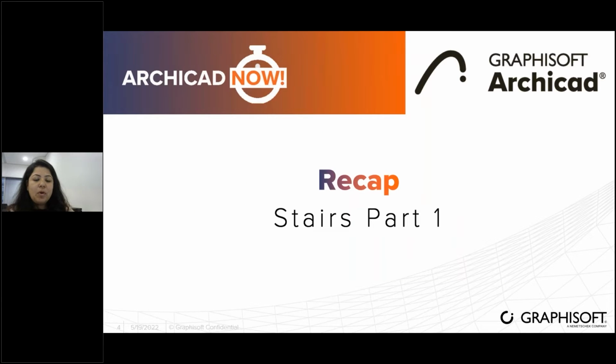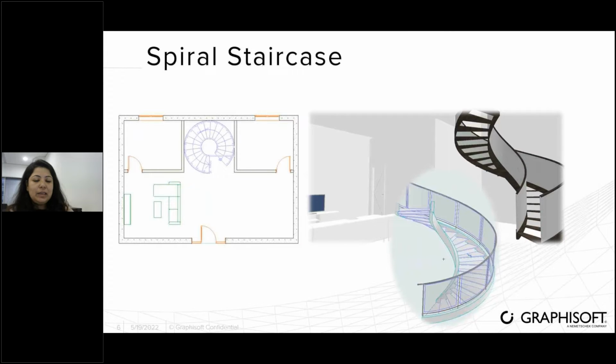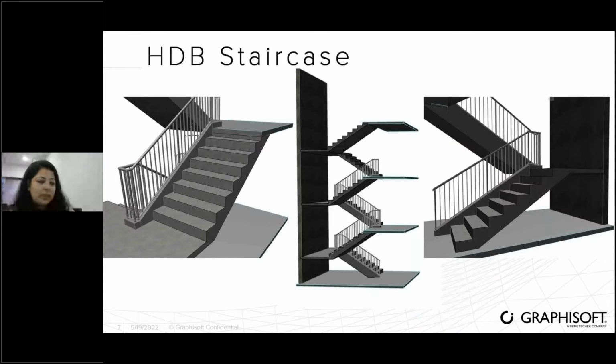Let's have a recap of what we actually learned in the previous session. In the first session, we talked about stair basics, and we looked at a few settings and their adjustments. The first staircase that we did was the spiral staircase. After that, we looked at the HTV staircase and we looked at the connection settings for the same.